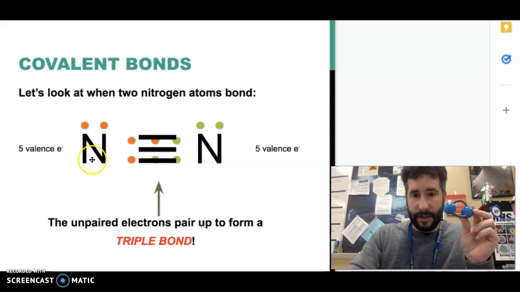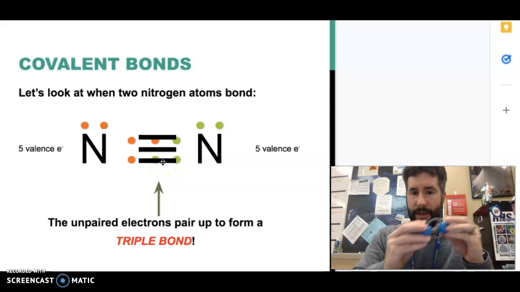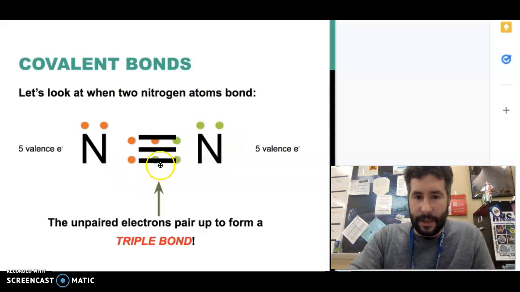Here we can see this triple bond is 6 shared electrons, and then these other 2 would be on the outside. A triple bond has 3 shared pairs, so 6 total shared electrons.